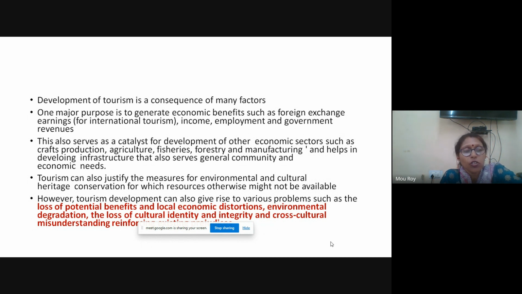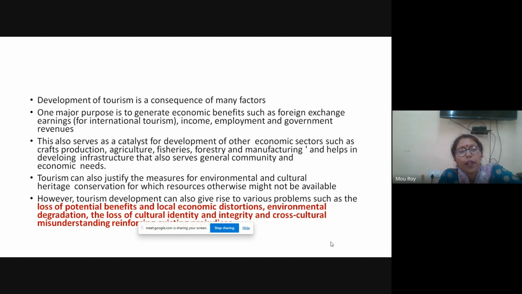Okay. Now, when we talk about sustainable tourism, it also involves educating the tourist about the importance of environmental conservation and encouraging them to engage in eco-friendly practices and eco-friendly behaviors.